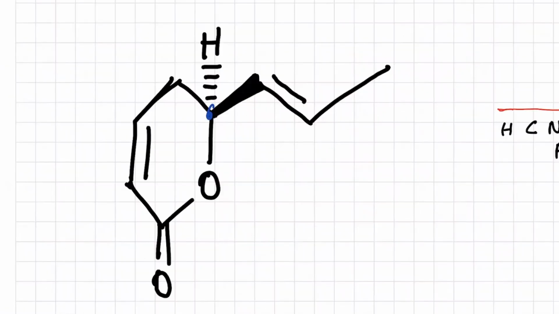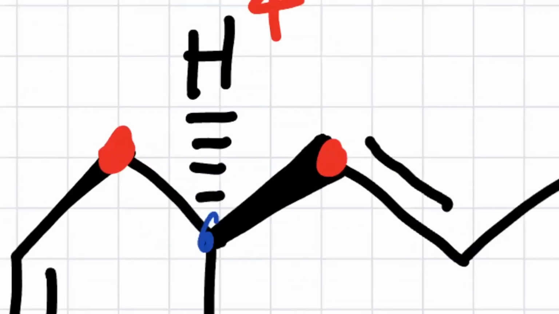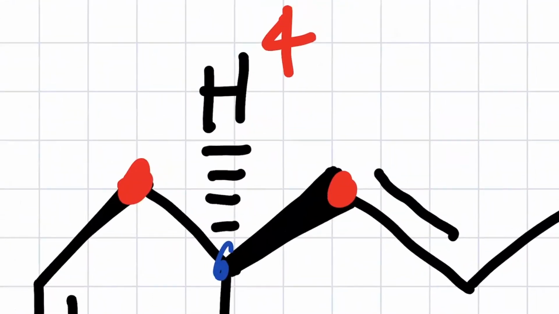So now let's assign the priorities. We already know whenever we see hydrogen, it's going to have the 4th priority. And what other group are we comparing here? Our blue chiral center here is attached to 1 carbon, 1 oxygen, and another carbon. So we know that oxygen will have the highest priority, because it's 1 oxygen against 2 carbon. Now let's focus on each carbon to see which one has the second and which one would have the third priority.